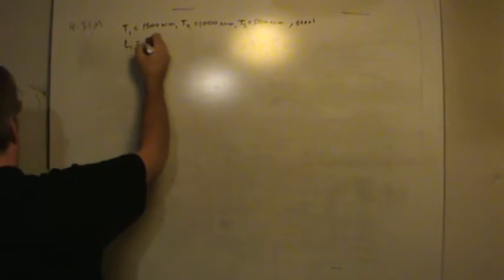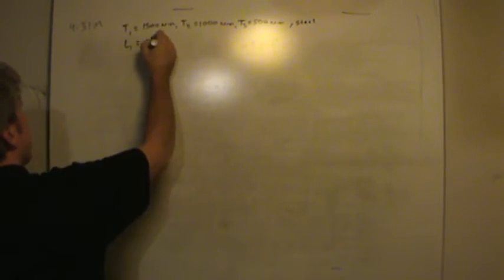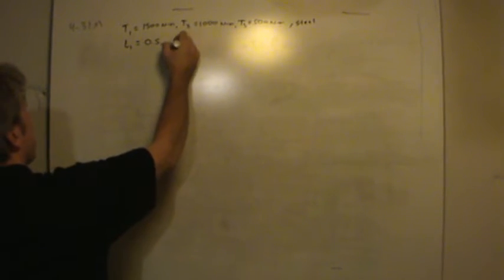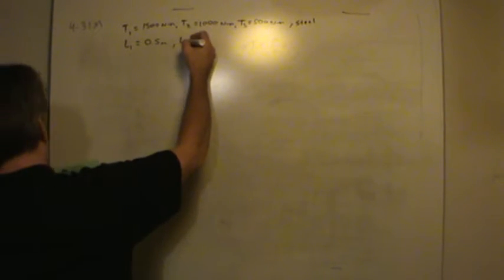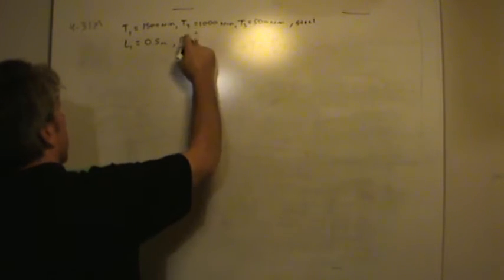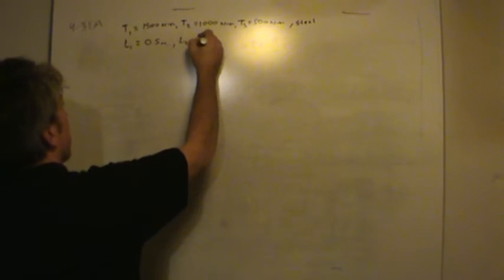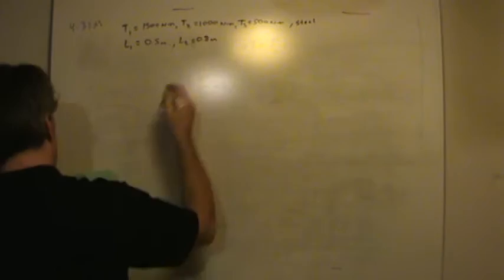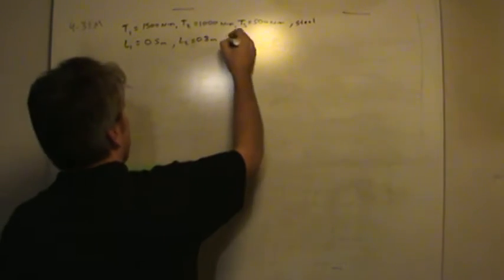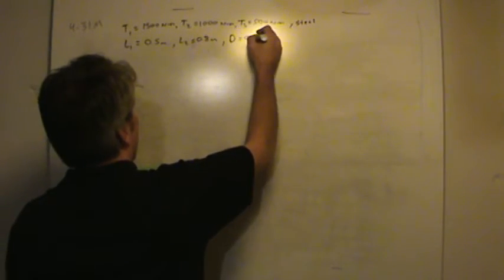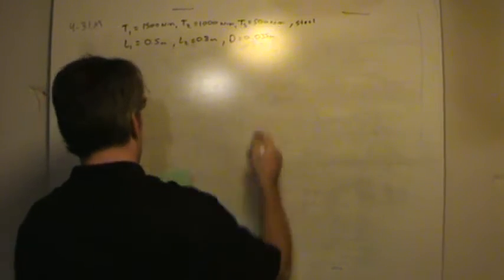The length L1 is 500 millimeters, which is 0.5 meters. L2 is 800 millimeters, so that's 0.8 meters. And the diameter of the shaft is 0.035 meters throughout. Okay, so here's the solution I'm going to use.